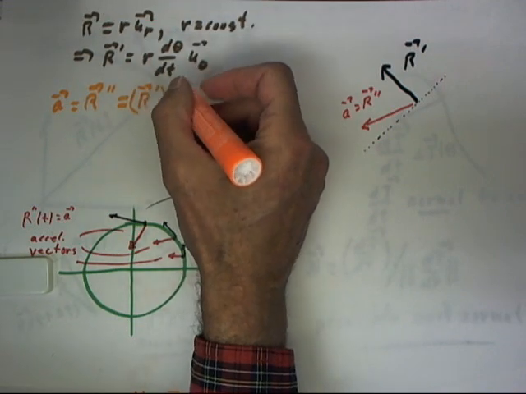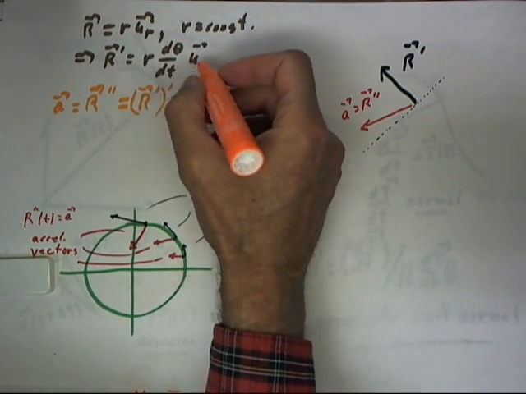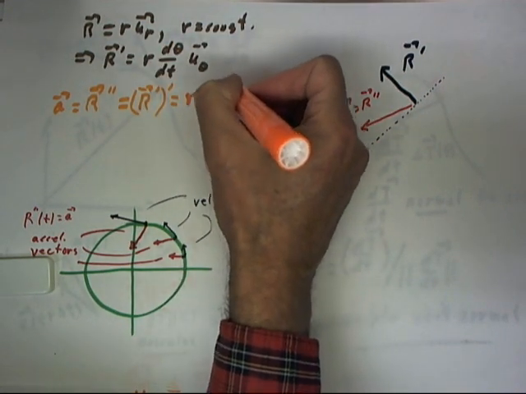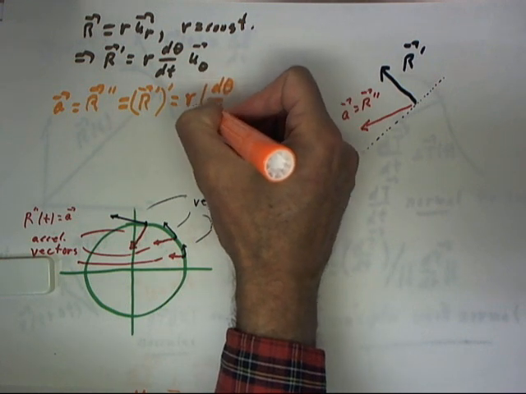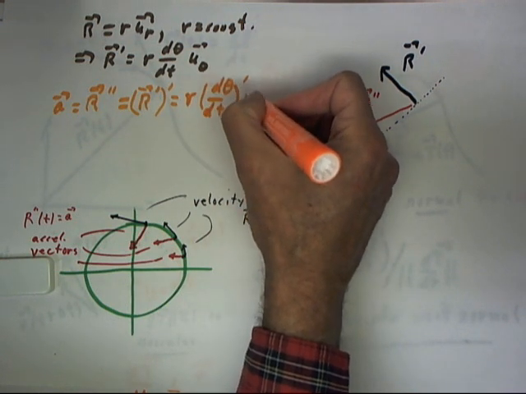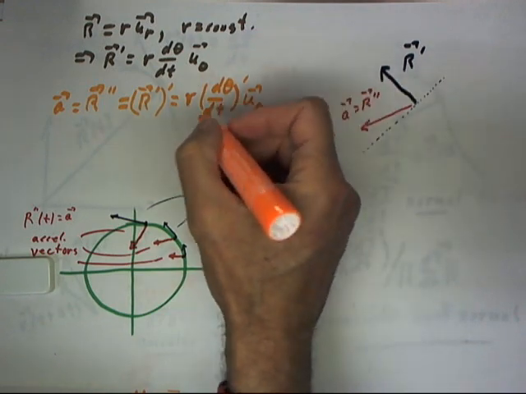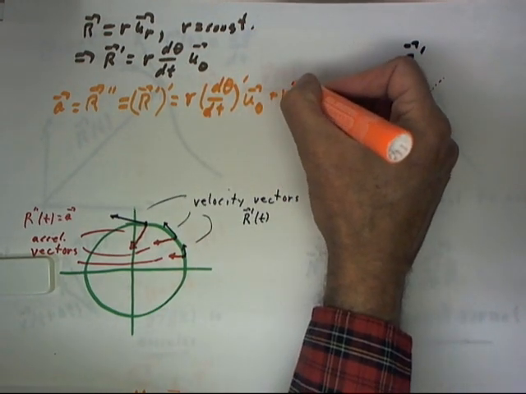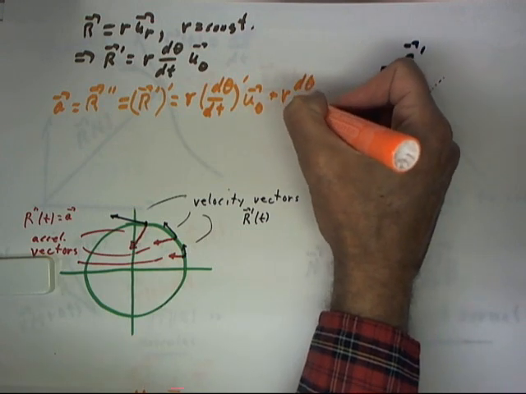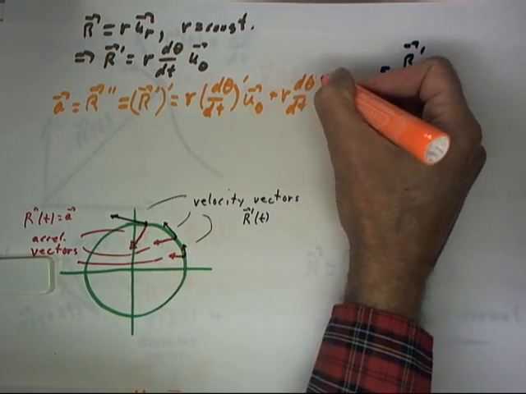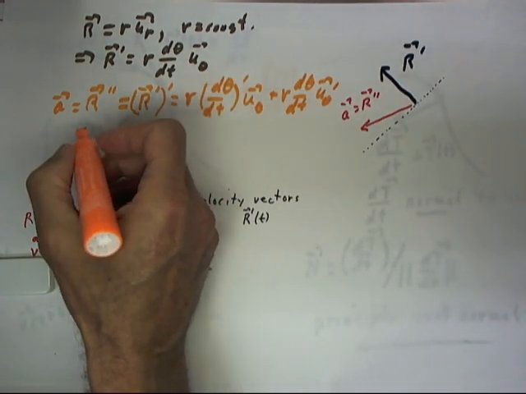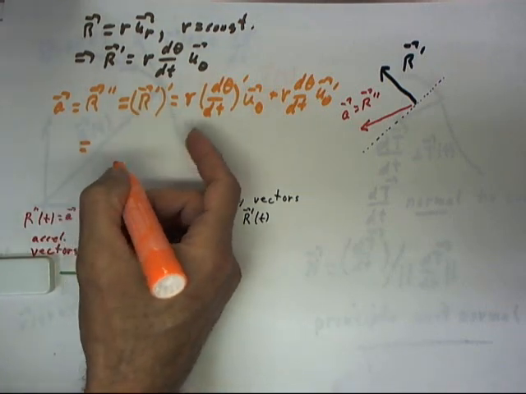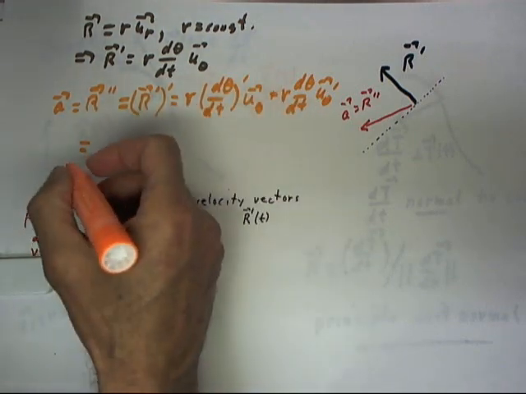And we get then r times the derivative of theta prime with respect to t times u theta, plus r d theta dt times the derivative of u theta. And that's easily worked out.